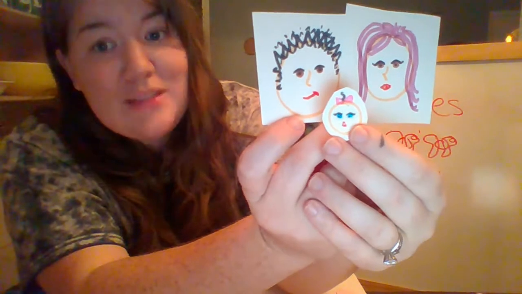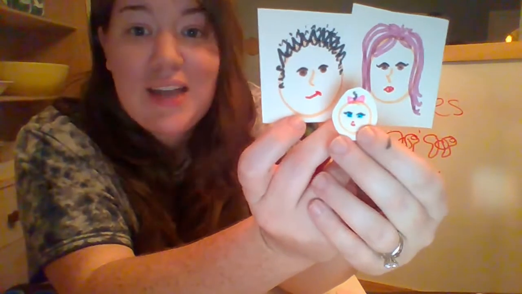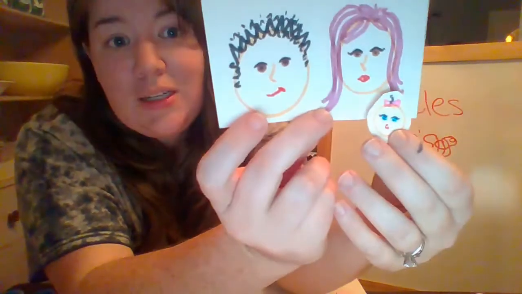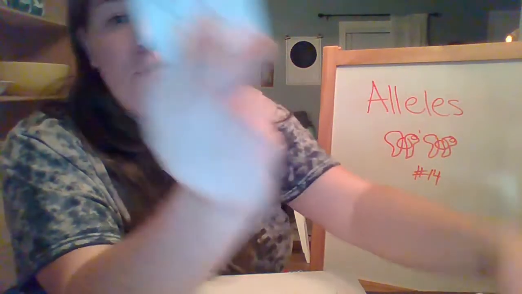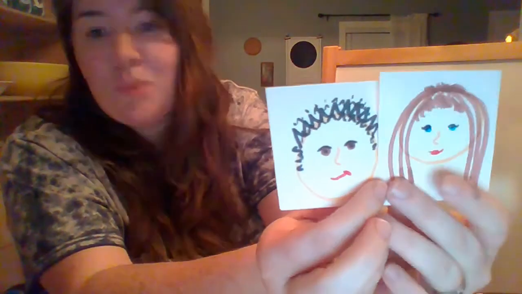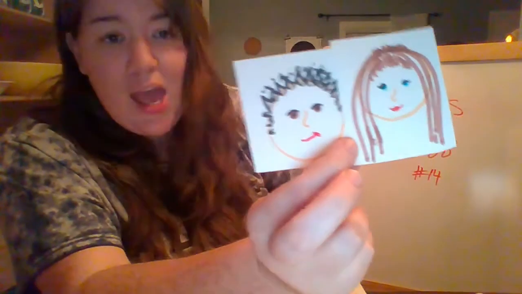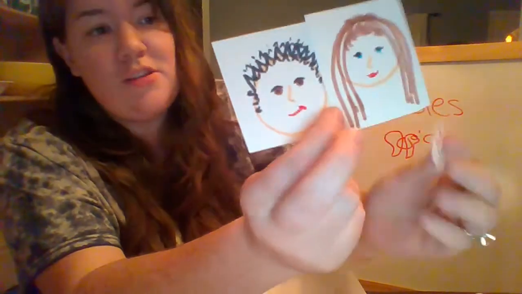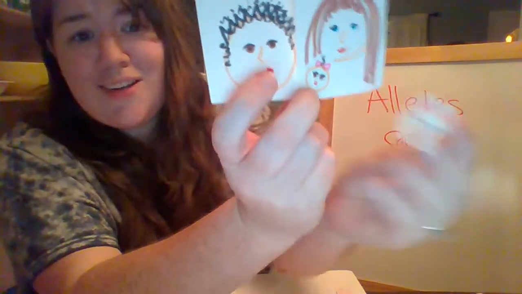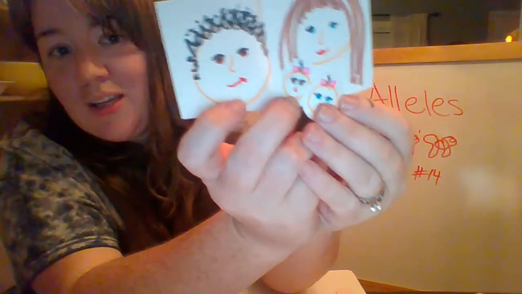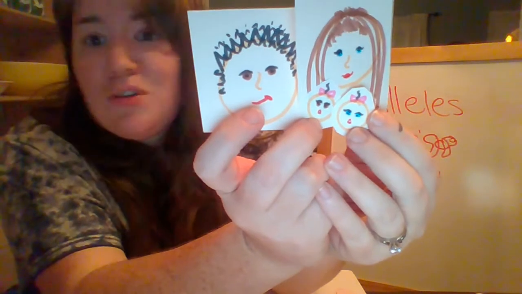I have blue eyes and both my parents have brown eyes. So how did it happen, you might ask? Or maybe in your situation, these are your parents. One has brown, one has blue, and you do have brown eyes. And you're like, everything tracks. But then your sister has blue eyes. How did that happen?